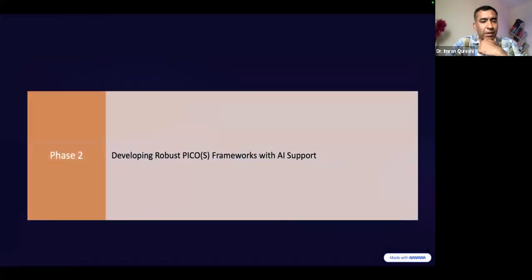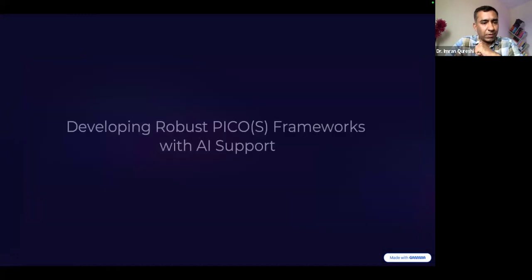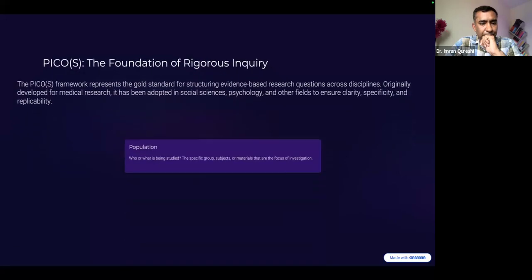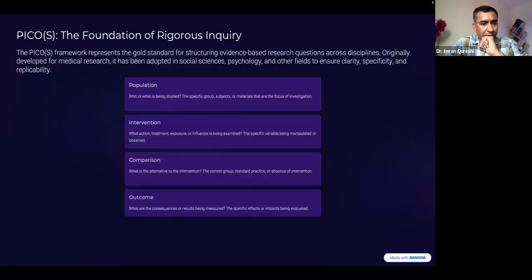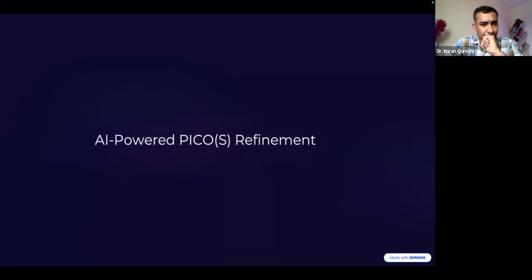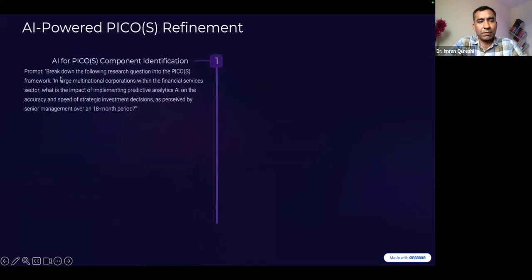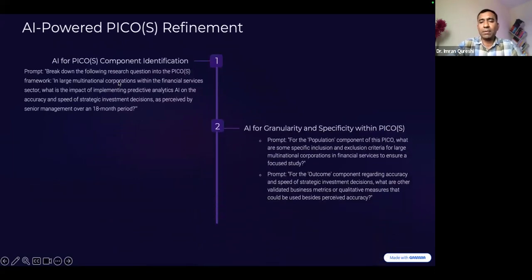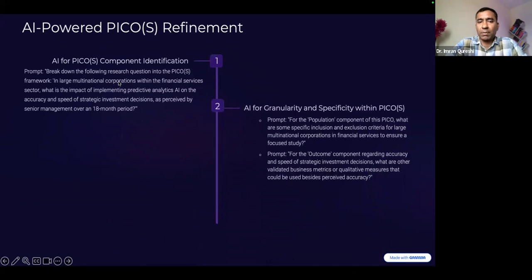I need to be a little bit quick because we are out of time already. Okay, so just quickly showing you, I have applied this first step. The first step is already applied. I've already divided my research question into PICOS components.